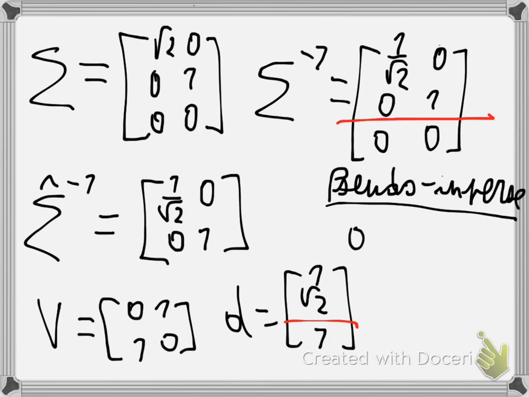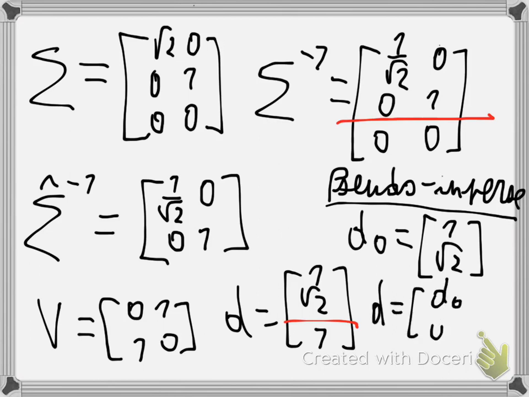D0 will be 1, square root of 2, and remember D is defined by D0, D1. D1 would just be equal to 1.